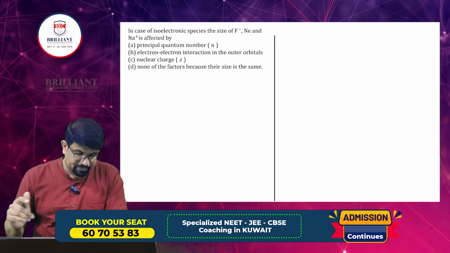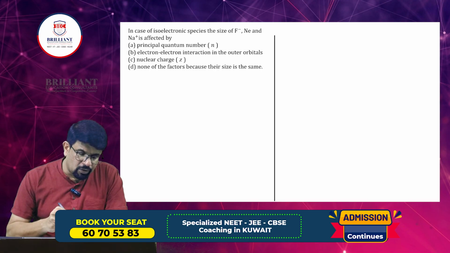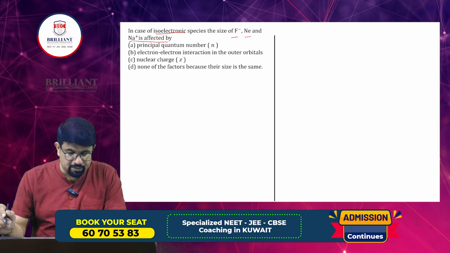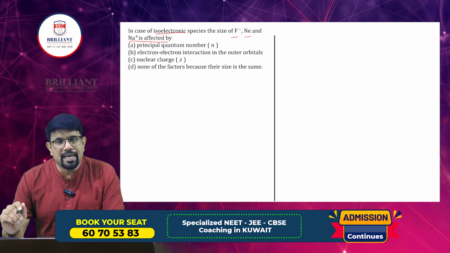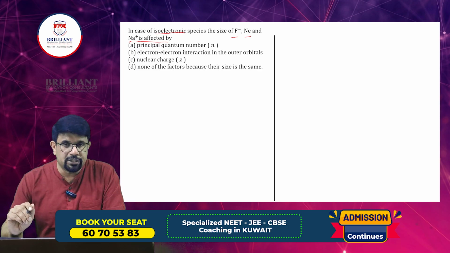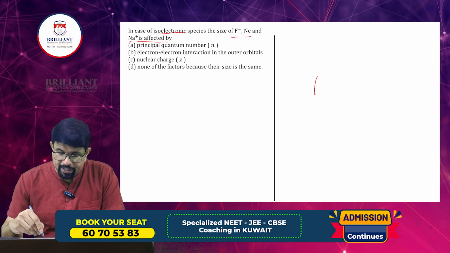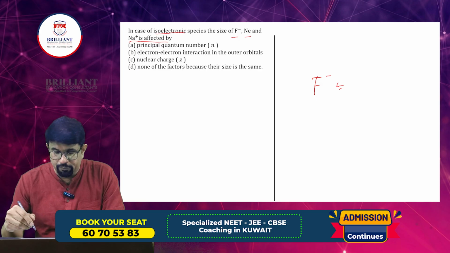Next question. In the case of isoelectronic species, the size of F minus, Ne and Na plus is affected by what? What are isoelectronic species? Isoelectronic species means they have the same number of electrons. F minus means you already know that fluorine has 9 plus 1, that is 10.